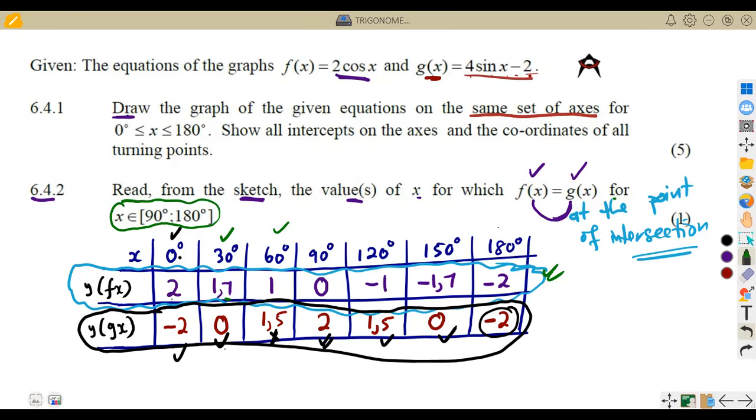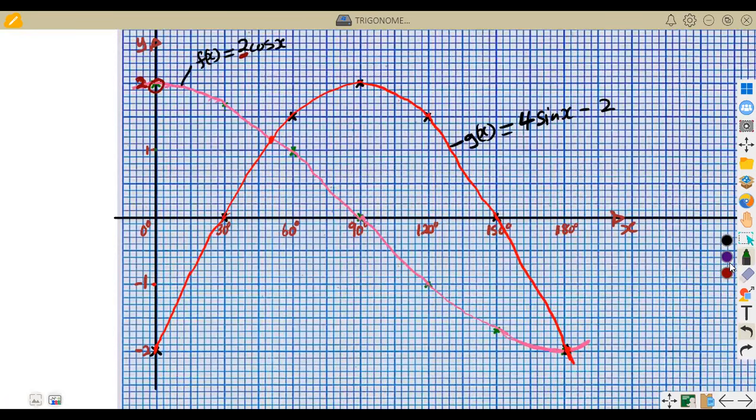Our answers in the actual sense were supposed to be 2, because remember our graph is intersecting here. It is also intersecting here. But they are saying our values should be taken for the values of x from 90 up to 180 degrees.